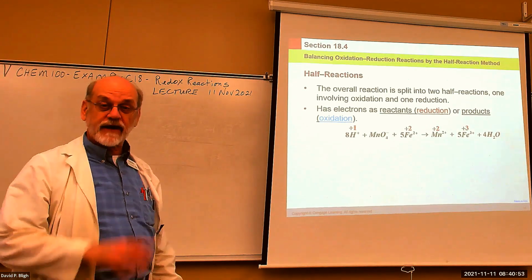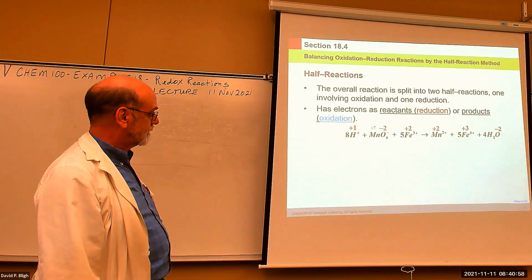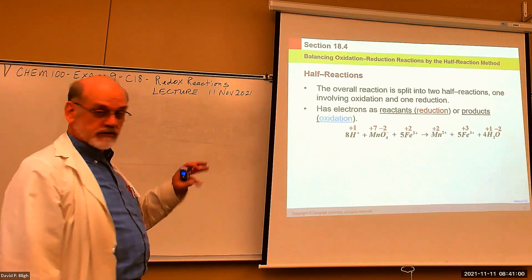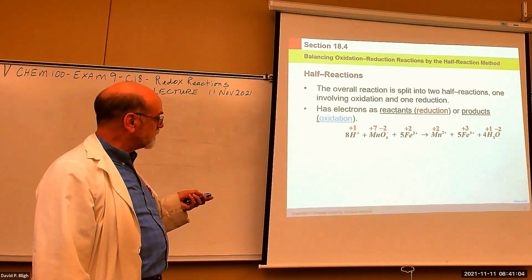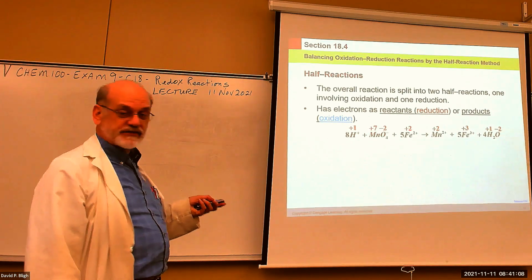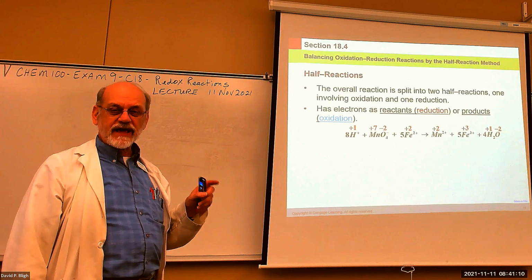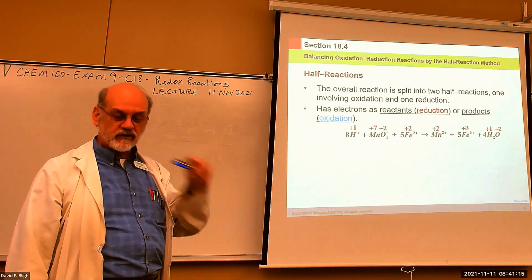Well, we have to identify which is oxidized and which is reduced. There we go. Those are all the oxidation states for each of the species here. +1, +7. Manganese goes from +7 to +2. So it was a decrease in oxidation state, which means we added electrons.